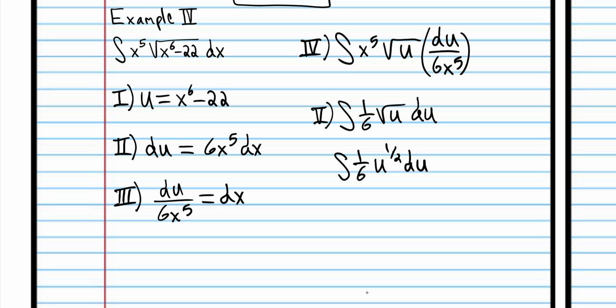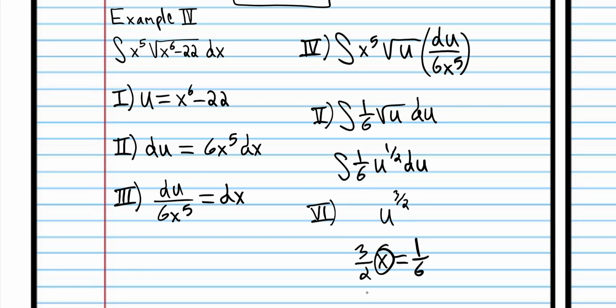And notice I changed root u to u to the 1/2 power. We have to do that in order to find the antiderivative. So now in step 6, we're going to find the antiderivative. And so remember, we add 1 to the exponent. And when we find the derivative of this, remember the 3/2 is going to go down and multiply into something, so we get 1/6.